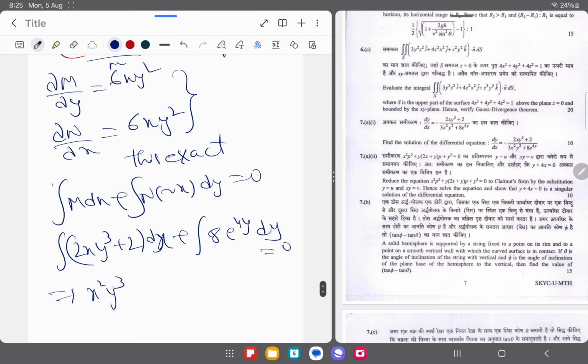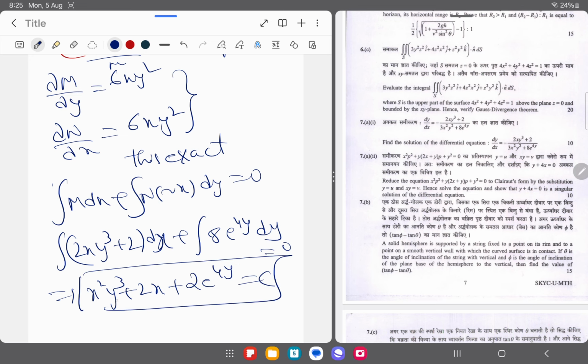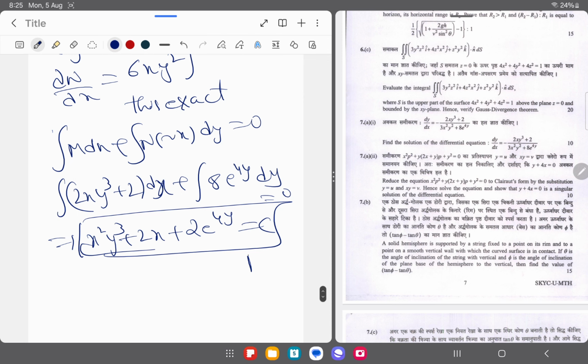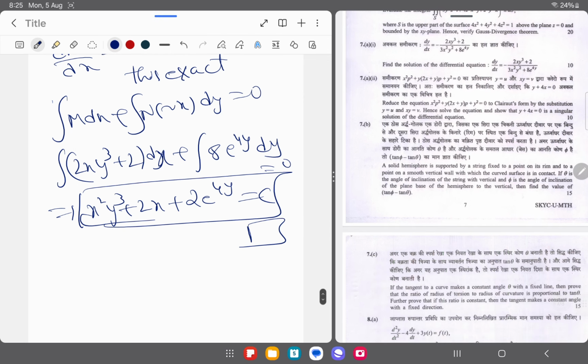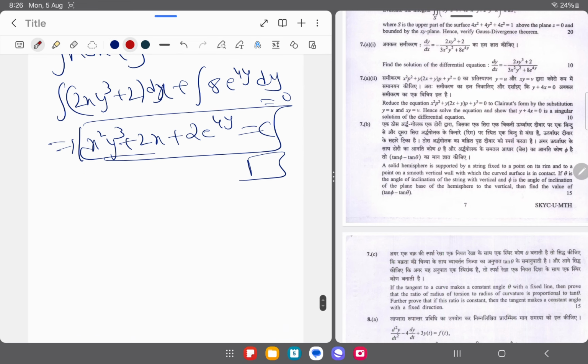So it is x squared y cubed plus 2x plus 2 e power 4y is equal to c. And that's it. And we have a lot of questions because this is differential equations.